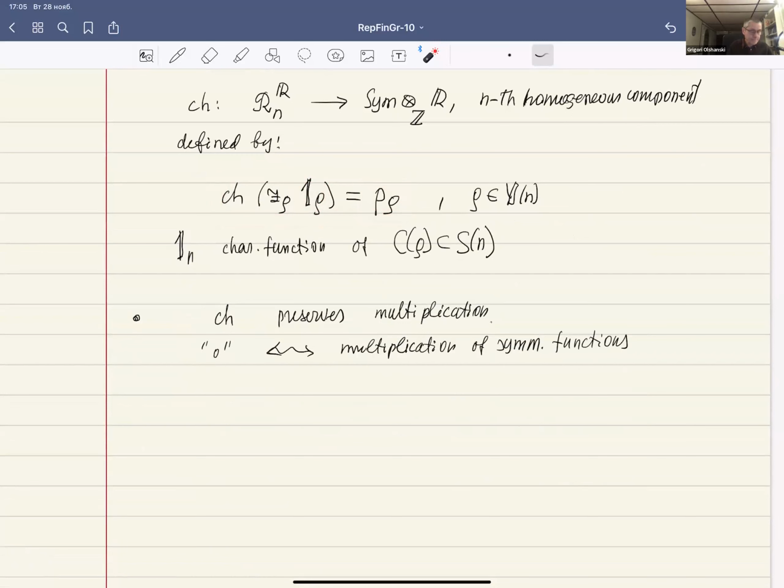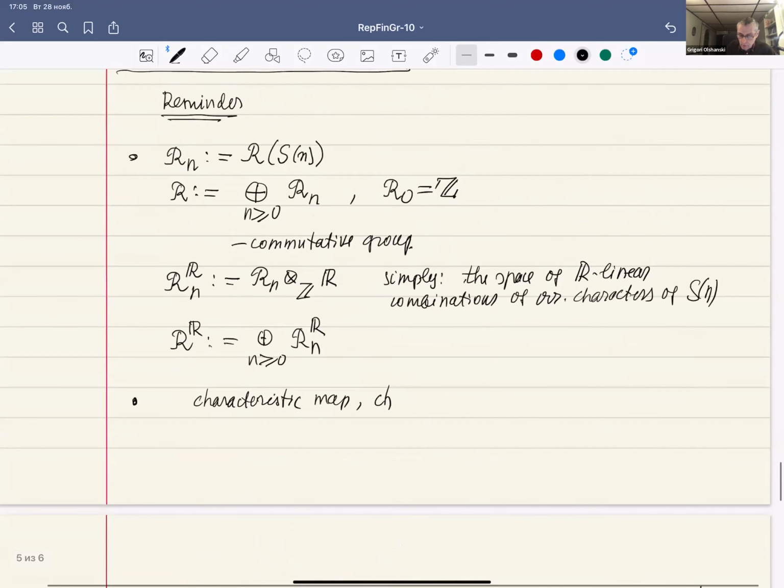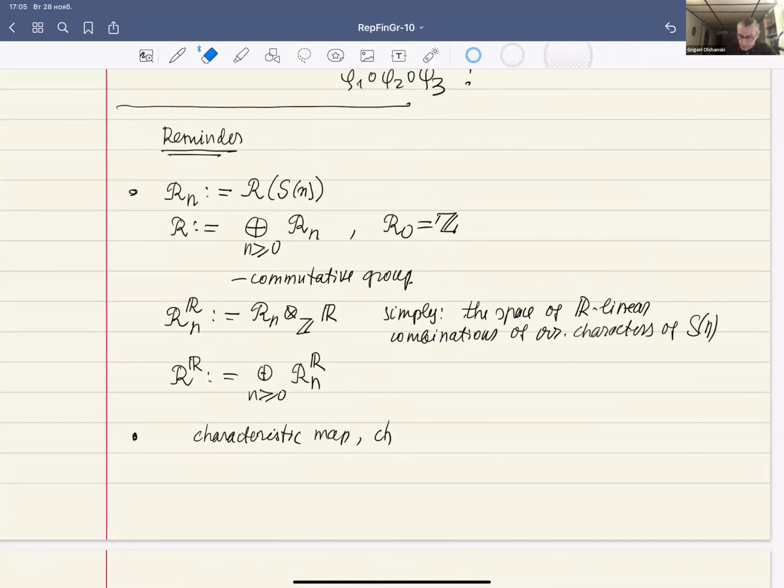So we know this. But we also know something more. We know that this also preserves the scalar product. We have a scalar product on the left and on the right. We have a scalar product on these subspaces with the central functions.